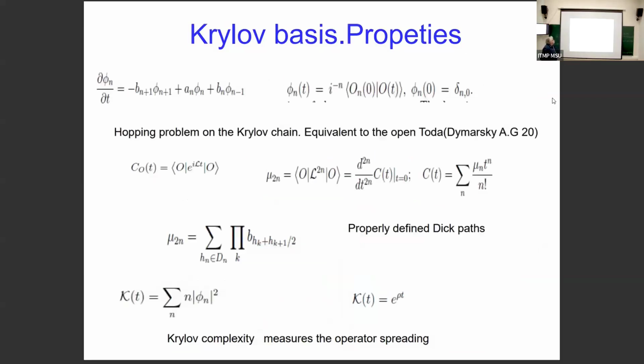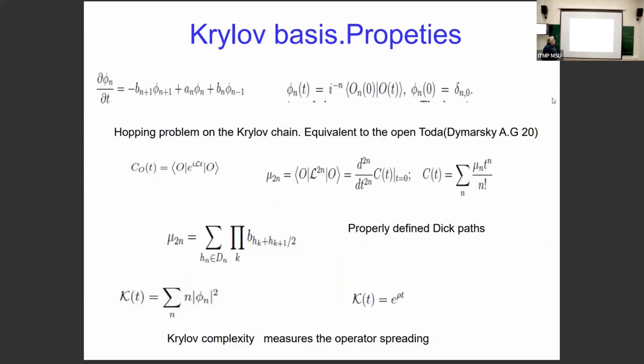Okay, so when we consider eigenvalues of this Lanczos matrix, we actually get an eigenvalue problem. We get the hopping problem in this case, and the function Phi corresponds to the overlap of these operators.